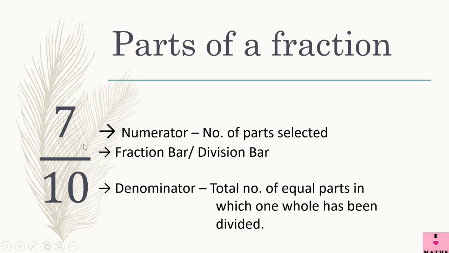This number is called the numerator, and the numerator is the number of parts which have been selected. The lower number is called the denominator. The denominator is the total number of equal parts in which one whole has been divided.